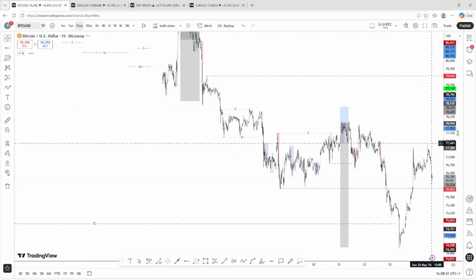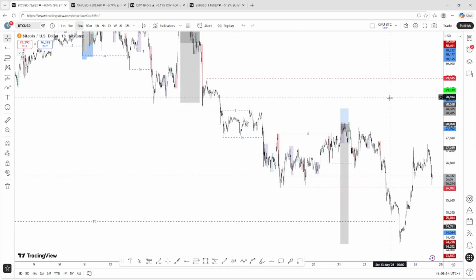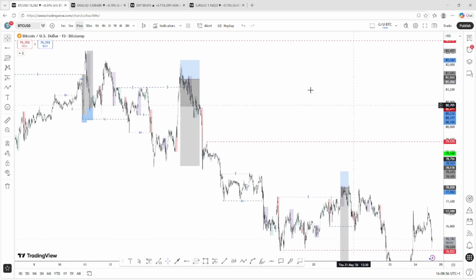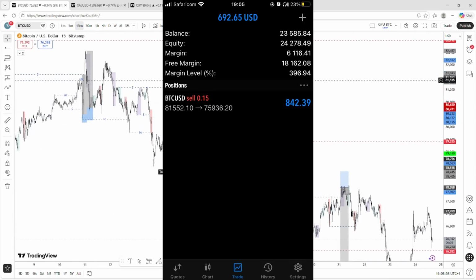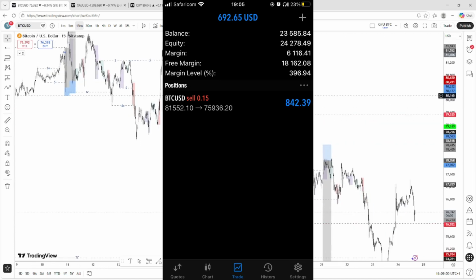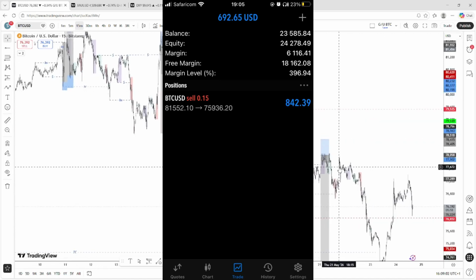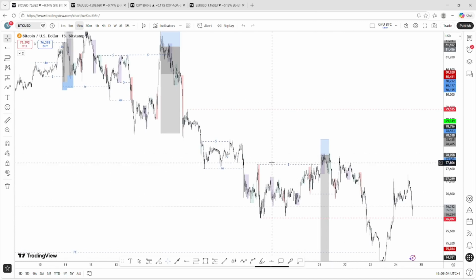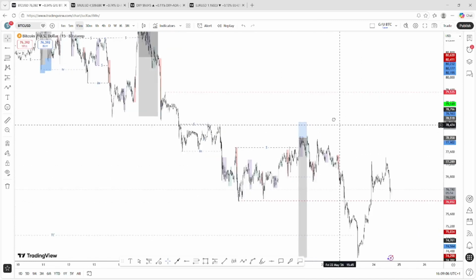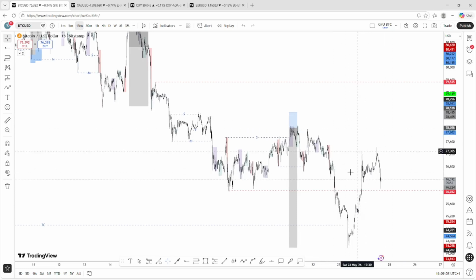But I still have my trades which have been holding on these levels. I'll share with you. Currently it is running on around, I think, 800 to 900.